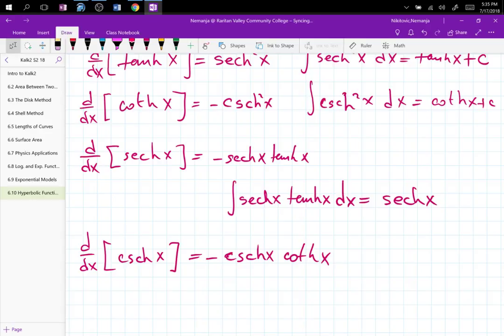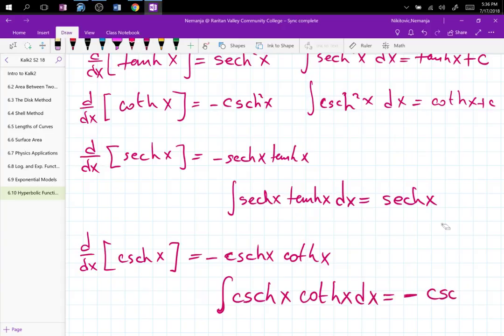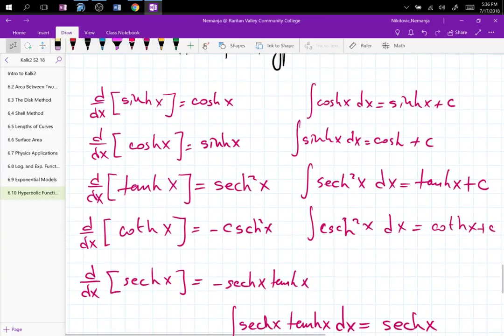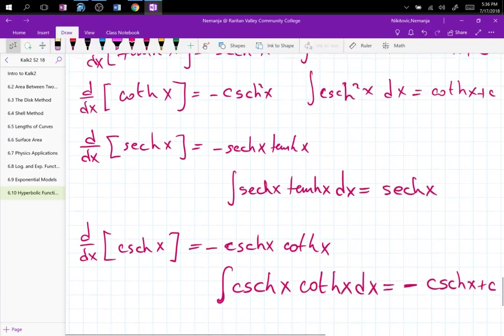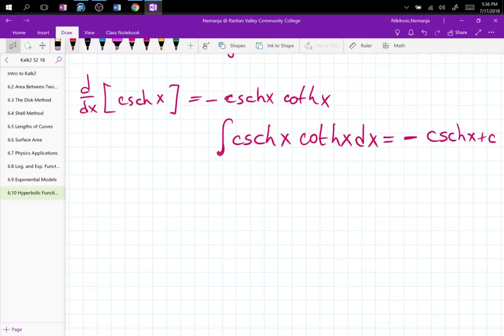Oh, I didn't write the integral. The integral of cosecant hyperbolic x cotangent hyperbolic x dx is equal to negative cosecant hyperbolic x plus c. So there they are. All of that stuff is for calculus of these hyperbolic functions.